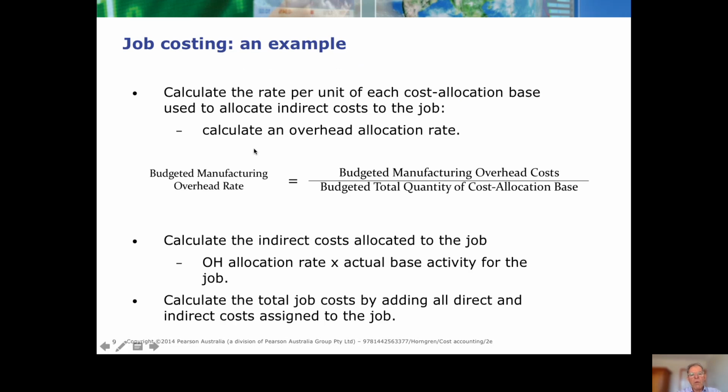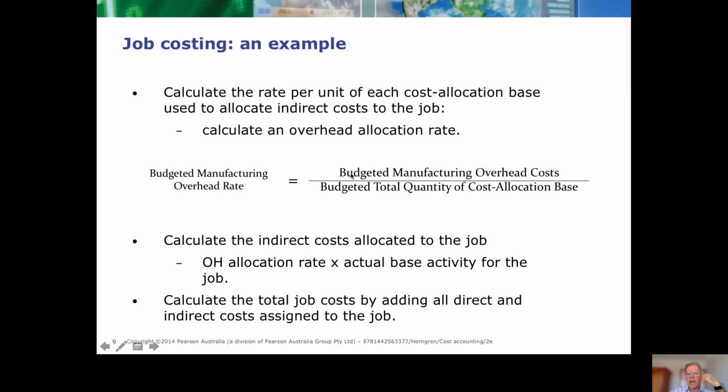So the first thing we might do, at the beginning of the year, is work out our budgeted manufacturing overhead costs, and then sit down and work out what is the best way of allocating those costs. So divide the dollars by whatever the activity level is, and we've got a rate.